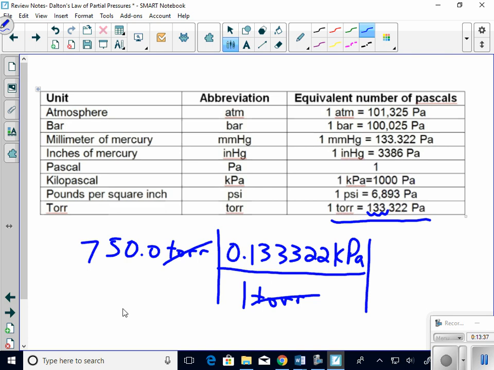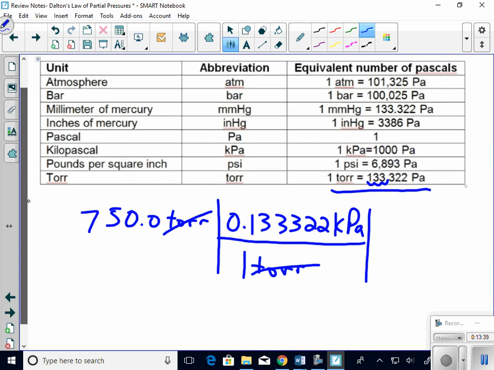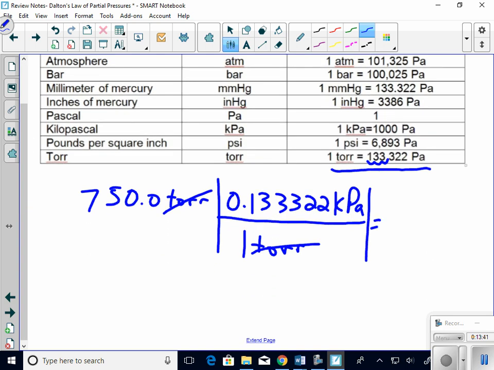Obviously, my torr cancels, so I get my value here in kPa, kilopascals. When I did the math of that, I came up with a value of 99.9915 kilopascals.